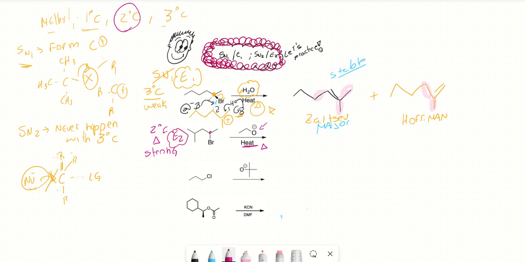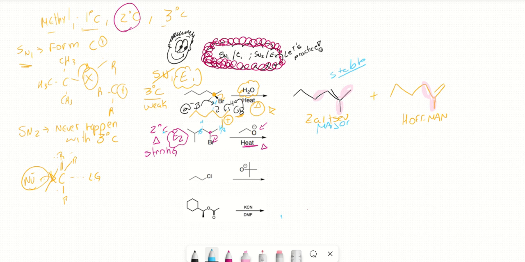And we know that elimination 2, like SN2, is a concerted mechanism, so everything will happen at the same time. We don't have a carbocation here. We have this hydrogen over here. The proton that the base will attack is always on an adjacent carbon. So there is a beta carbon here and a beta carbon over here.